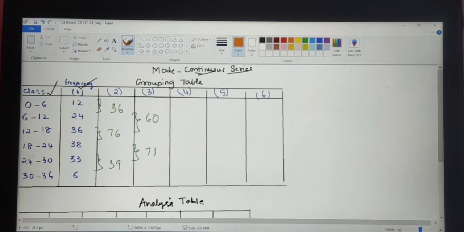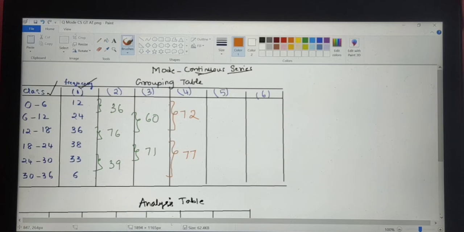Let's go ahead with the fourth column. Here we are supposed to group the frequencies into threes: 12, 24 and 36, 38, 33 and 6. So this will be 40, 77, and the top one will be 72.